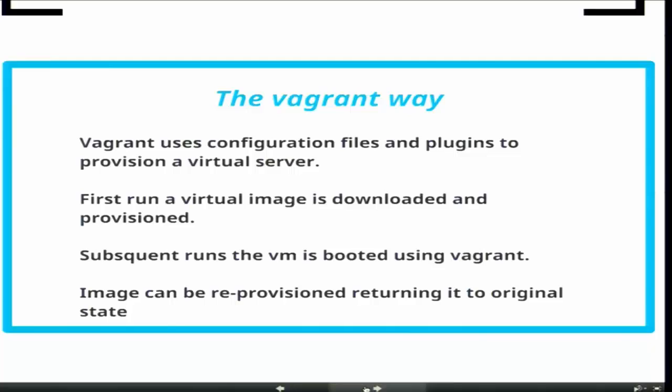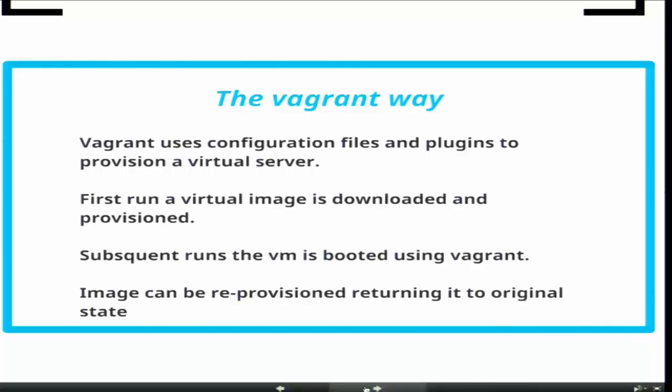So those configuration files, as I said, you're not saving the actual files. The VM handles actual server images, but Vagrant just handles the config files. So when you run vagrant up the first time and it does what's called a provision, it actually downloads the virtual image from those box locations that I talked about, like Vagrant has their own.